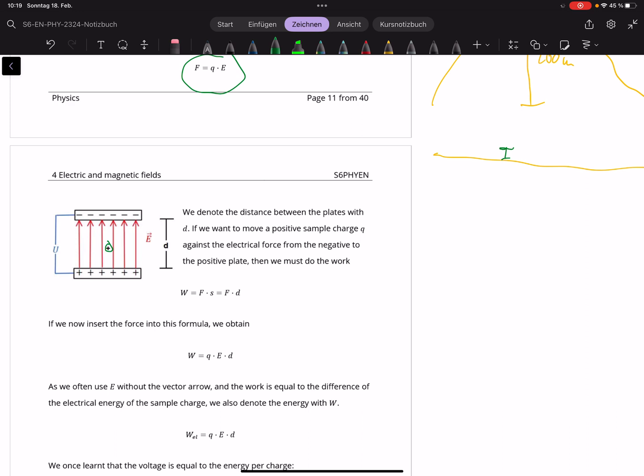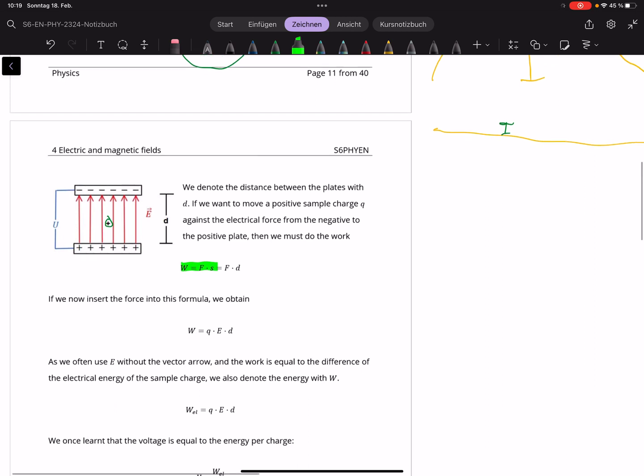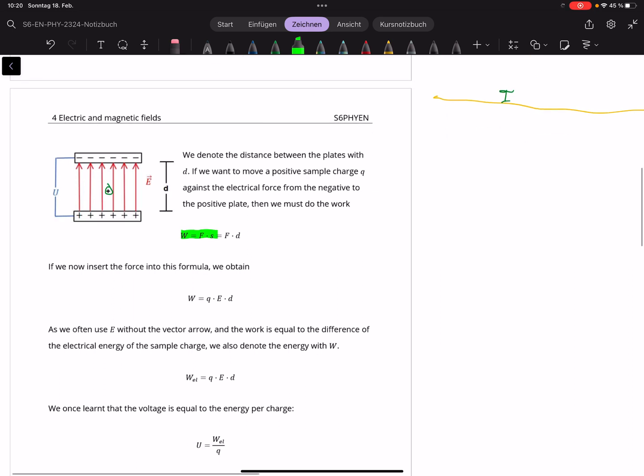So we know that work is equal to F times s, and in that case we want to move that little positive charge, let's say from the top to the bottom of this.